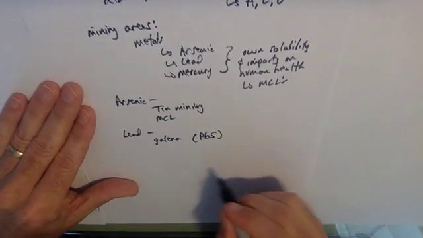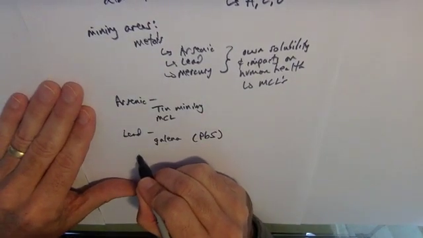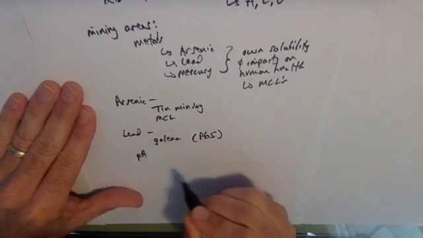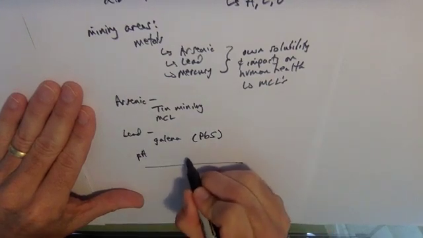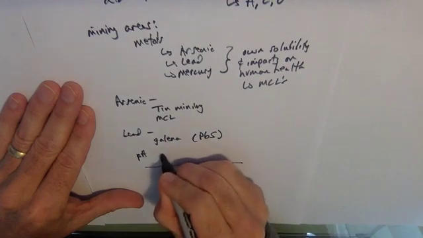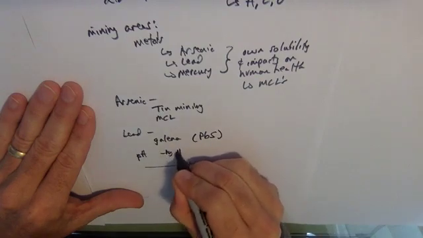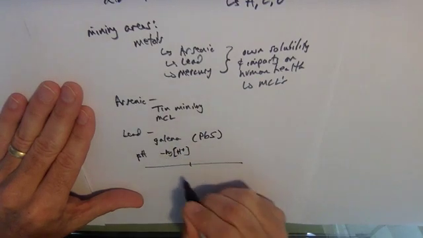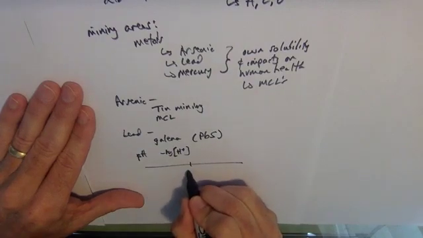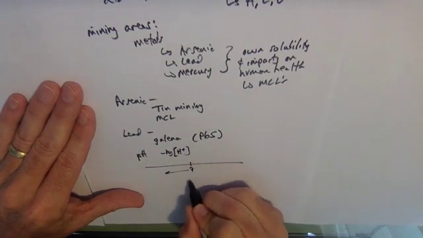Because of the relationship between pH, and just a quick primer, if you haven't seen this before, pH is the negative log of the hydrogen ion concentration in water, and all that means basically is that as you go, 7 is considered neutral.